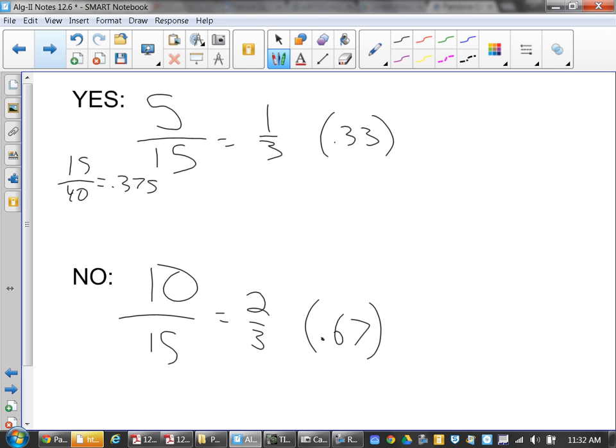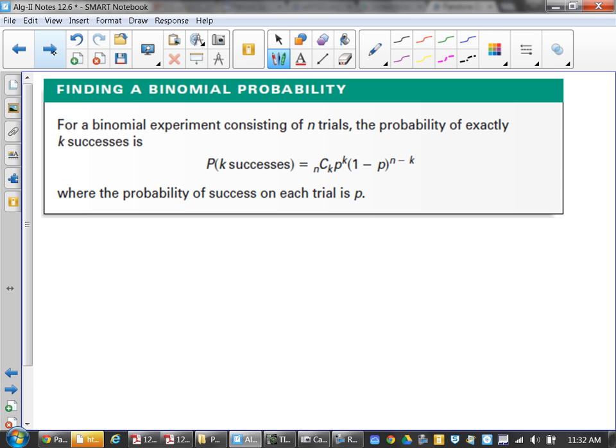So now I'm going to switch gears and utilize the 37% success rate that the book uses and walk you through how this is calculated. The formula that we're going to use is for the probability of success on a certain number of successes out of trials. Here's what that means.